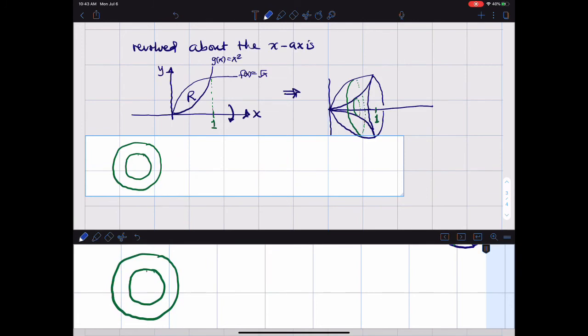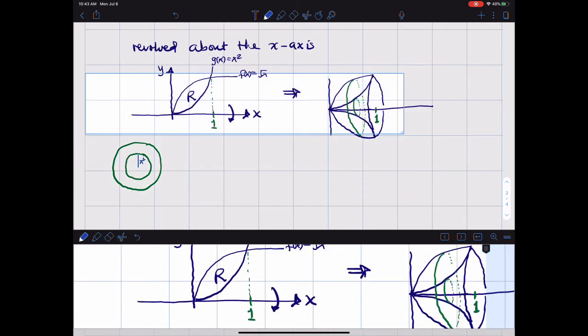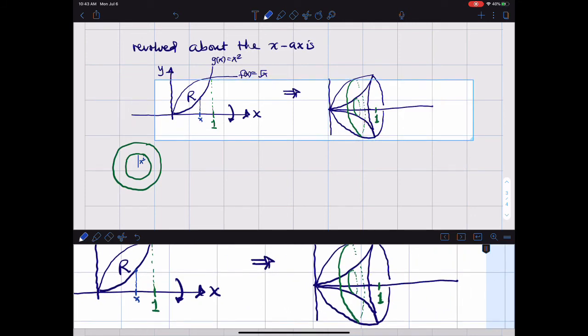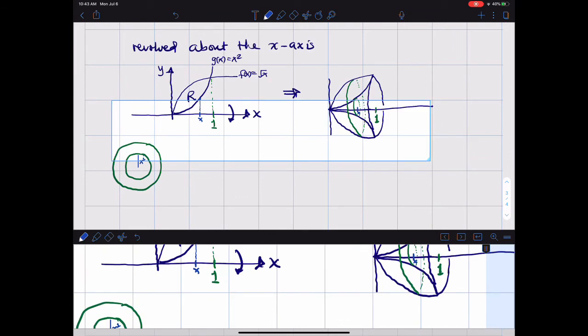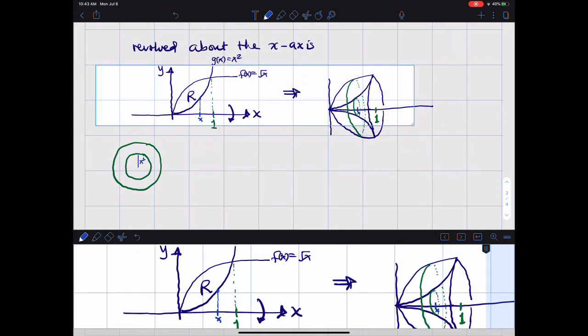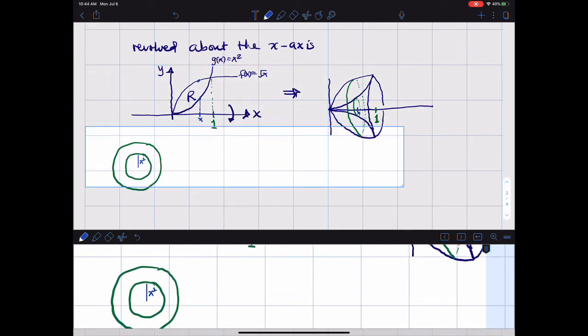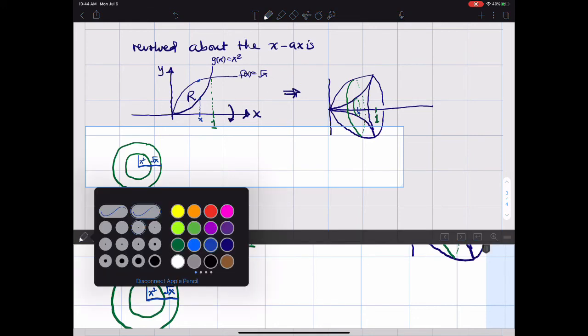So we have this as x squared, the inner function. So if you go from here to here, if this is your x, this is just x squared. And we're taking the slice at the point x. And then the radius of the outer function is this function. That's square root of x. So we're going to call this square root of x.